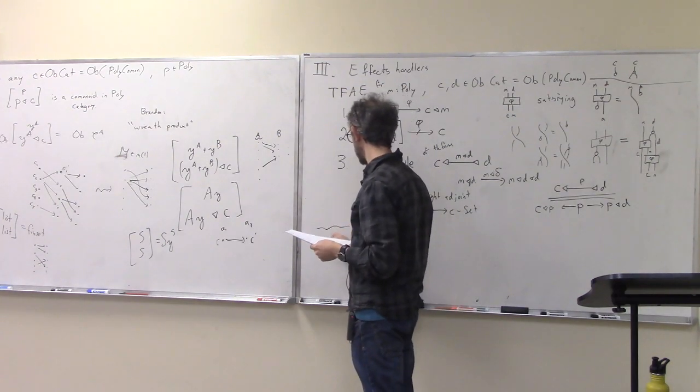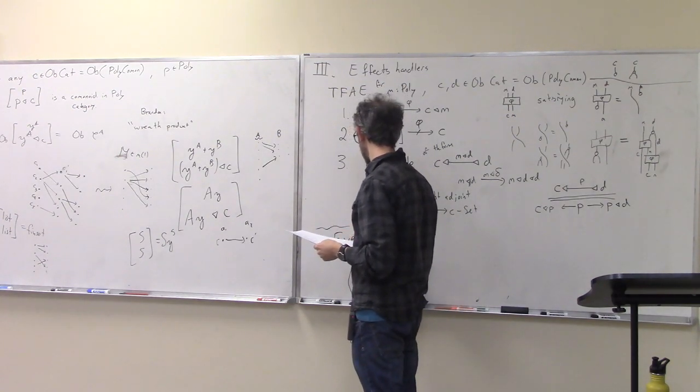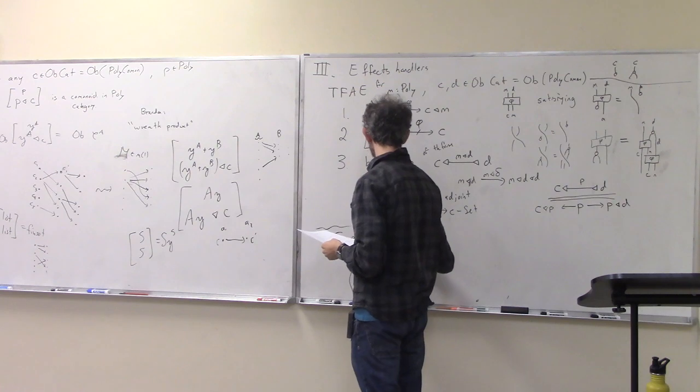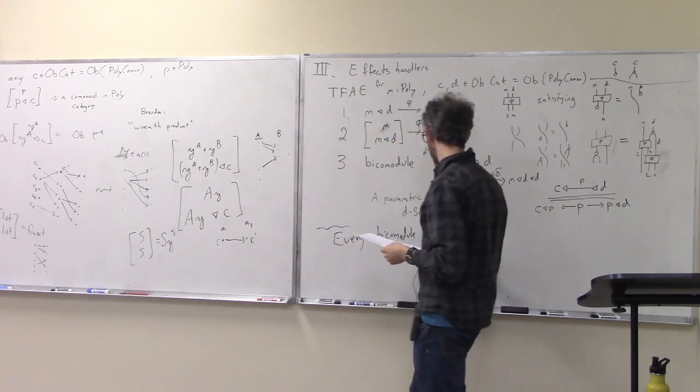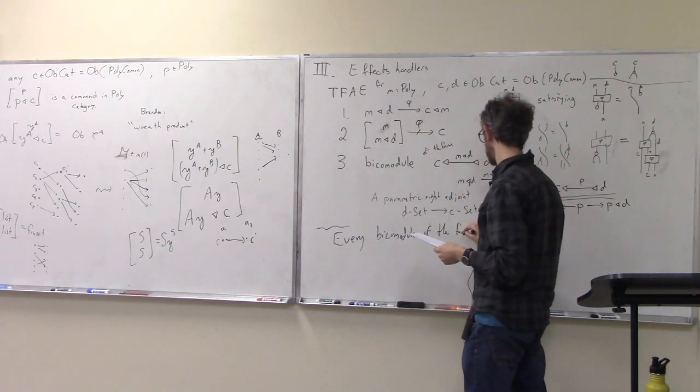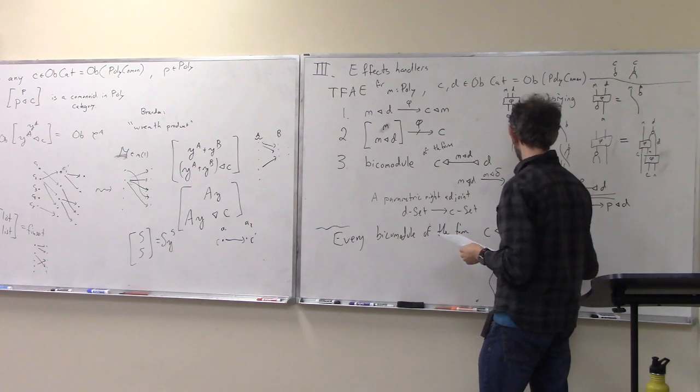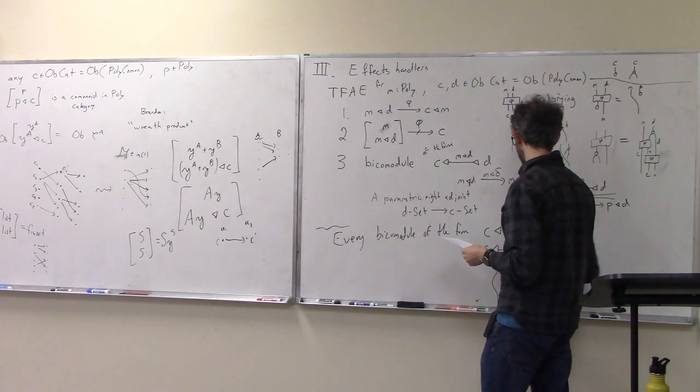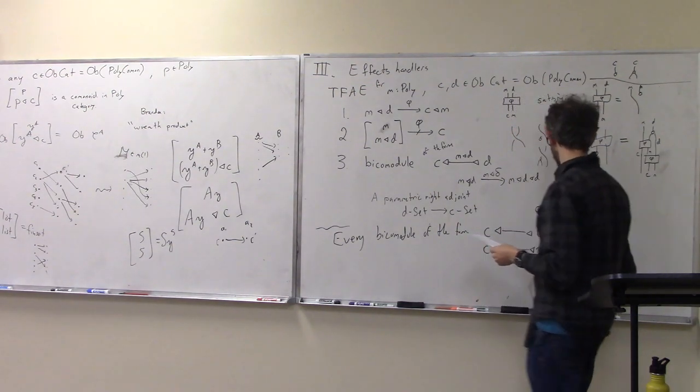Math thing number 2 is that every bicomodule of the form C0 and CY arises in this way.